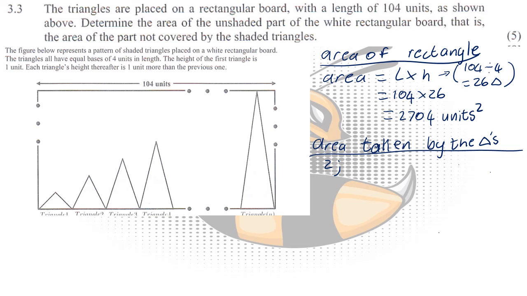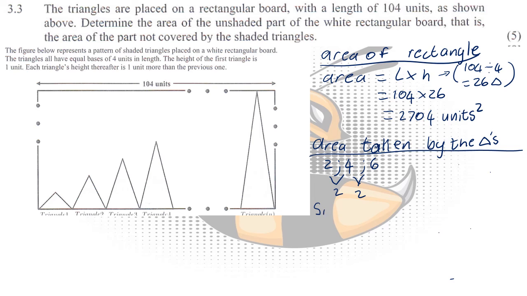Then the next triangle will have a height of 2, a base of 4, and a half of 4 times 2 would just give me 4. And then the next triangle would have a height of 3, base of 4, and a half of 4 times 3, which just gives me 6. And this forms an arithmetic pattern.